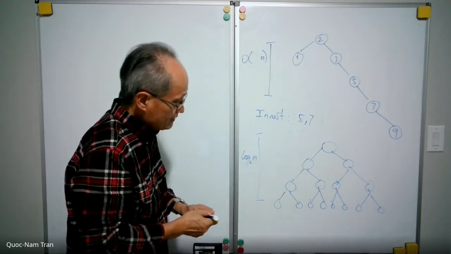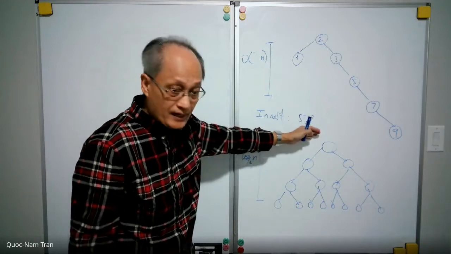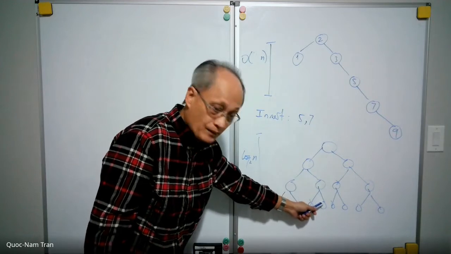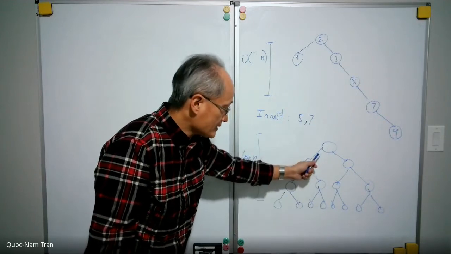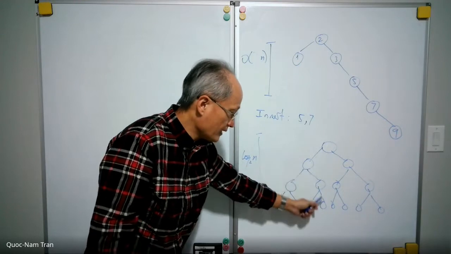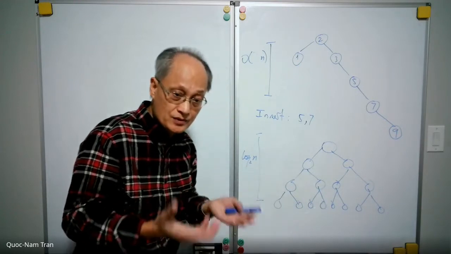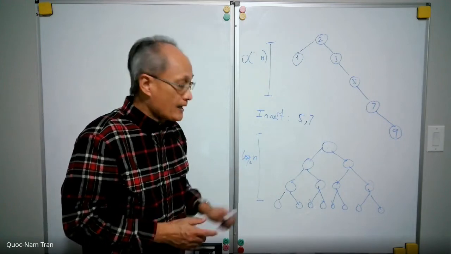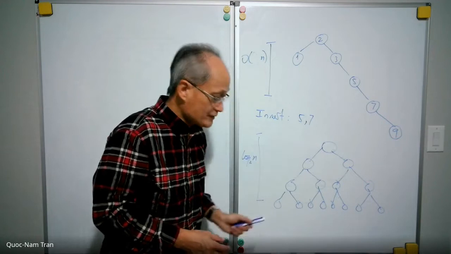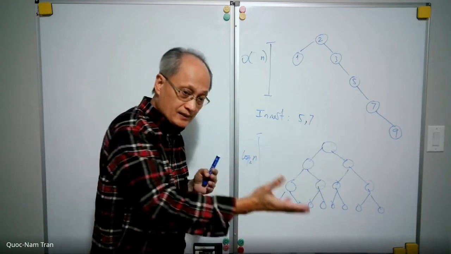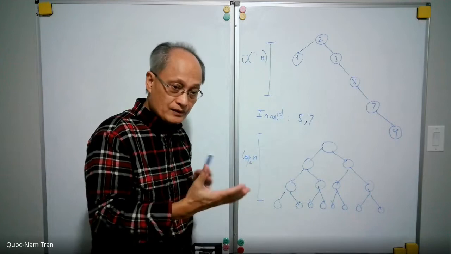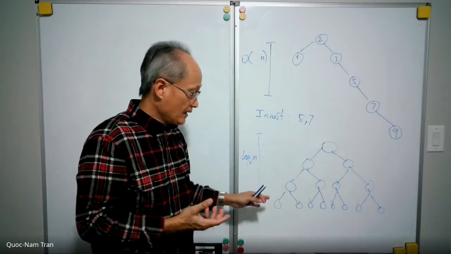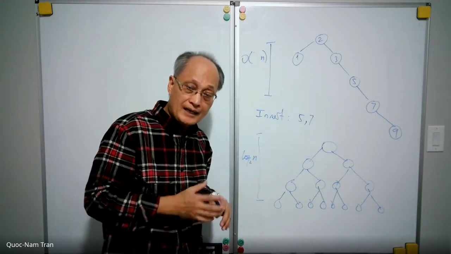In that situation, if we search for an element, we go along one branch, so it takes at most the height of the tree in order to search for an element, and that is big O log n. Also, when we have a balanced tree like this, inserting a new element will also take big O log n steps. Removing an element will also take big O log n steps.